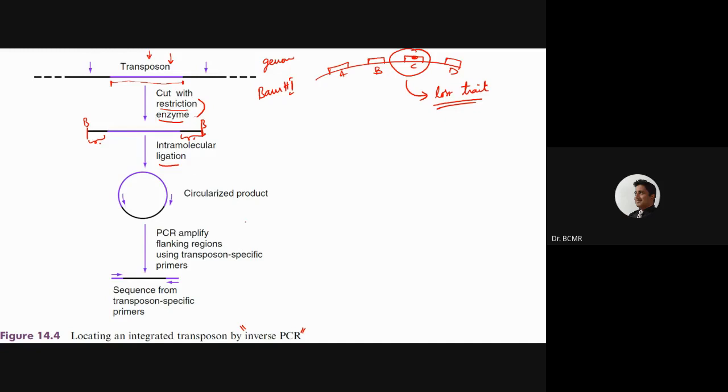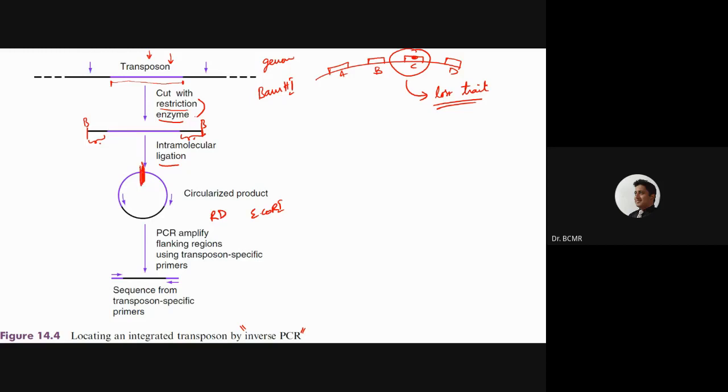Now you can use a restriction digestion. You'll choose a restriction enzyme that cuts only in the transposon, say, for example, EcoRI. So you're choosing EcoRI so that the transposon will get cleaved.